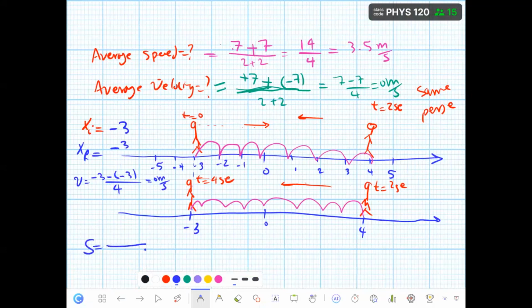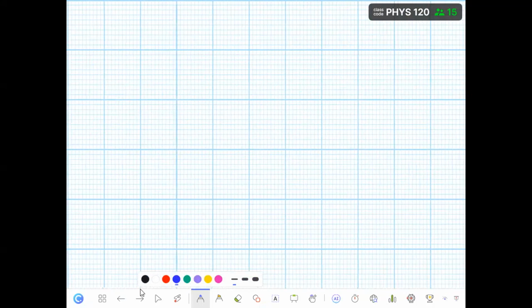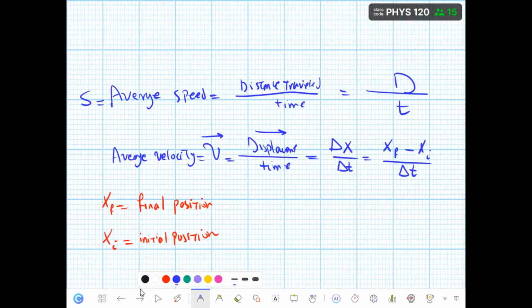What is the distance traveled? 14. Divided by 4 seconds. It's going to be 3.5 meter per second. Good. So again, you can use the formula. Memorize these two. It is important.